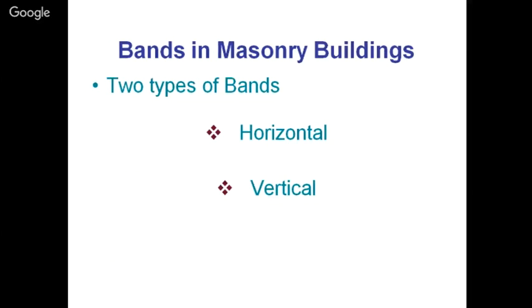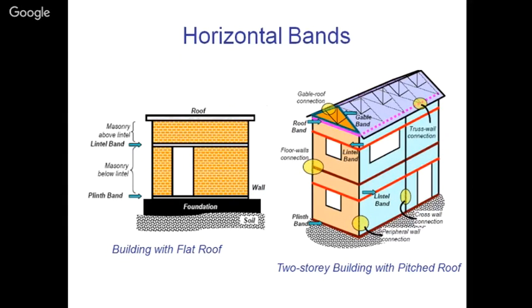Bands in masonry buildings. Two types of bands, horizontal as well as vertical. Horizontal bands are shown in these figures. We provide them at lintel level, sill level, and roof level.